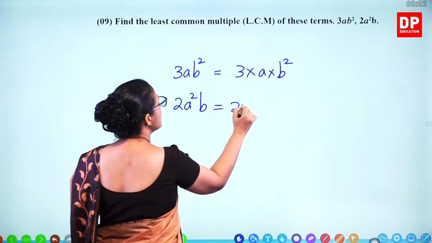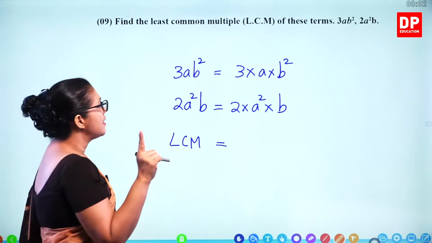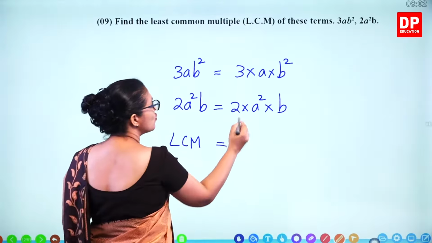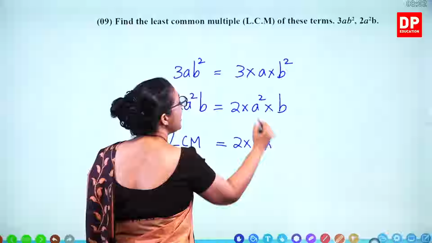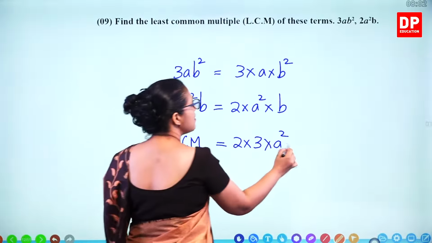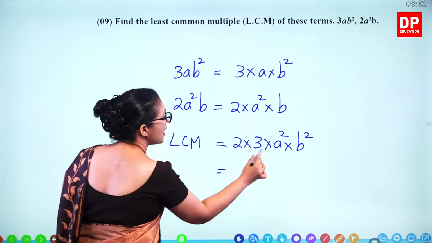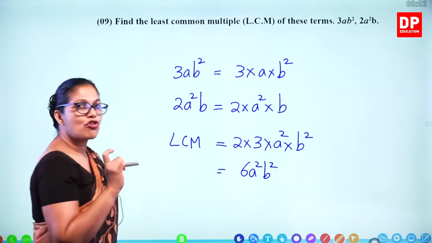When you take the lowest common multiple, you have to take distinct numbers with all maximum powers. So 2 is just 1, 3 power 1, a squared is the maximum power of a, and the maximum power of b is b squared. So you get 6a squared b squared as the lowest common multiple.